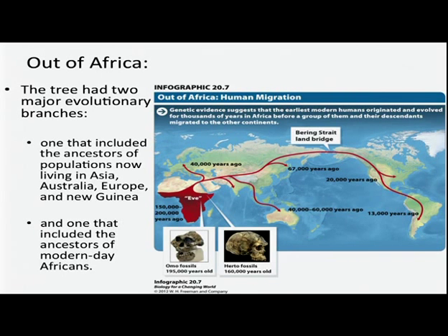It's a built-in sunscreen. If you live farthest north or south from the equator, your skin would be very light because you don't need that sunscreen from the sunlight, but you do need to absorb more UV light to make vitamin D.